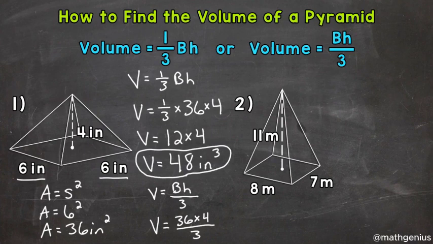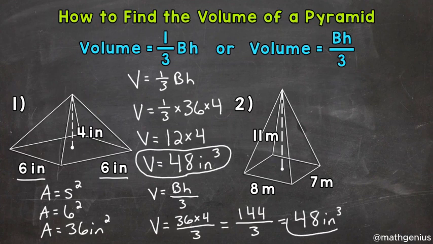I'm going to go to the side in order to solve this. So 36 times 4 gives us 144 divided by 3, and that's going to give us a final answer of 48 cubic inches. So we got the same answer either way as far as those two formulas. So multiplying by 1/3 is the same as dividing by 3. Both of those are going to give us the correct volume.